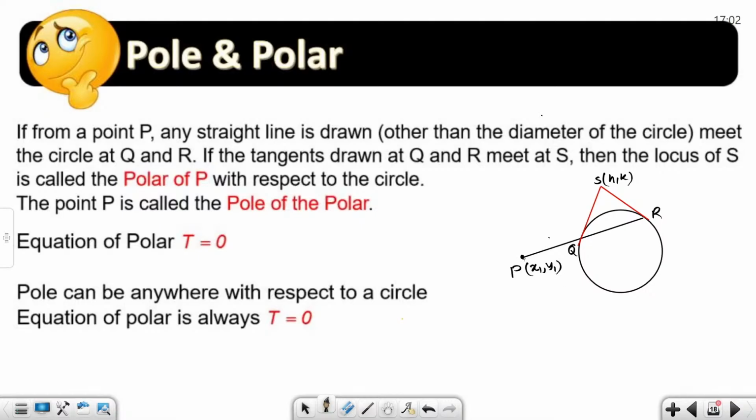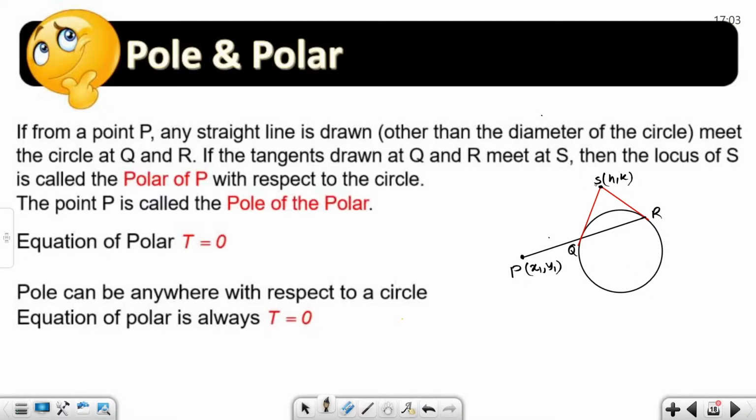From point P you have drawn a line which intersects the circle at 2 points, Q and R. Now at Q and R we have drawn 2 tangents. They are meeting at a point S. We have to find the locus of point S. That's it. So how to find the equation of the locus of S?